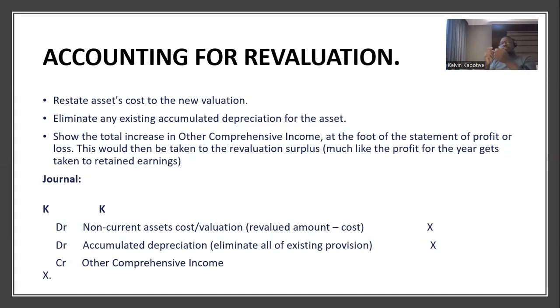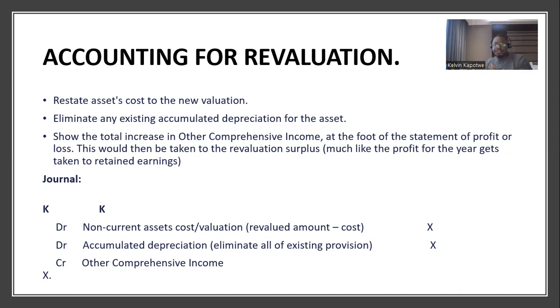So remember, you are going to show the gain in other comprehensive income, and then that difference, the gain, you are going to debit to your asset account so that you align your carrying amount to the fair value, and then the other leg will go to the revaluation surplus account in equity. So the revaluation surplus is actually a component of equity. So that's how you must deal with these things.